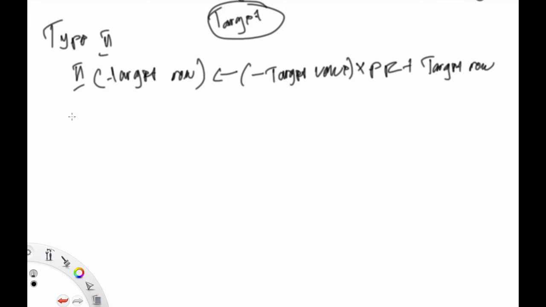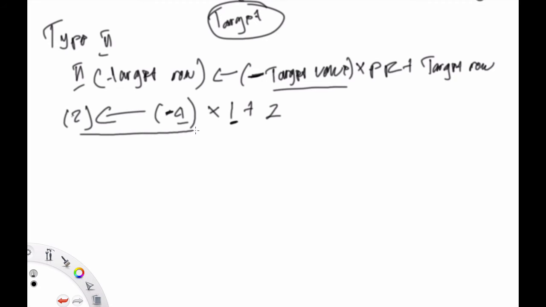Okay, we can take this one, for example, the target entries 2,1 and 3,1. We use the type 2 operation. Minus the target value: the target value is 4, so it is -4 times the pivot row, where the pivot row is the first row, plus the target row, which is the second row.